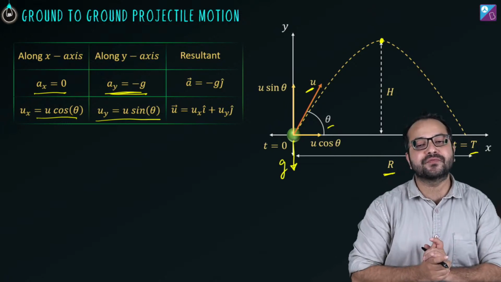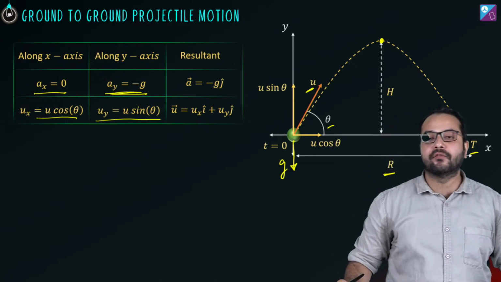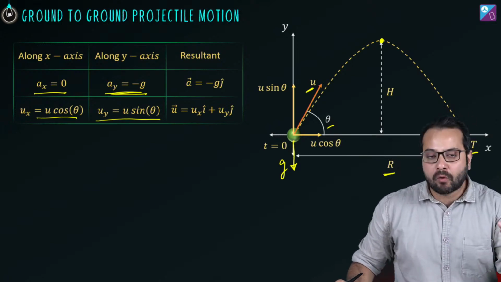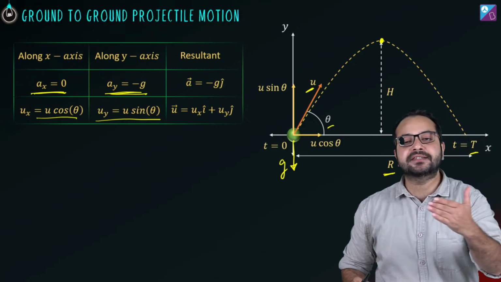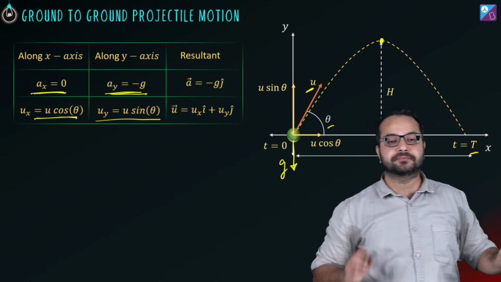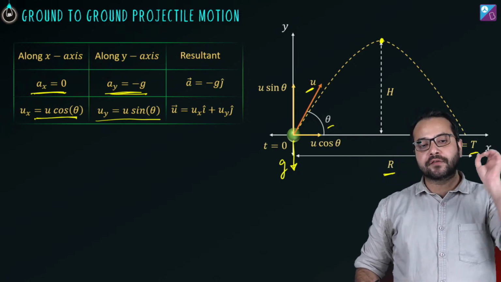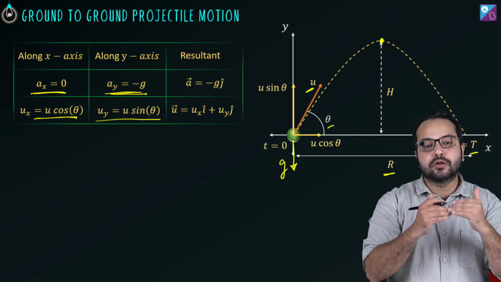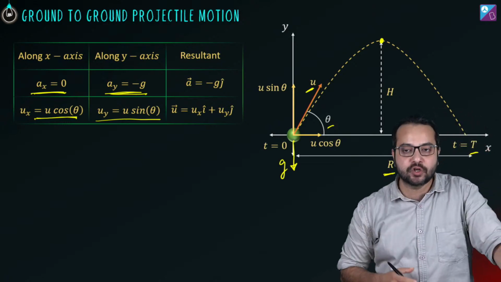So what we have done is, we have broken down all the parameters along the x-axis and y-axis. Okay. What is the consequence of that? There is no acceleration in the x direction, which means the x velocity remains constant. Point number one. Note this down. If you don't know this, or if you're not clear with this, note these points so that it becomes refreshed in your memory.